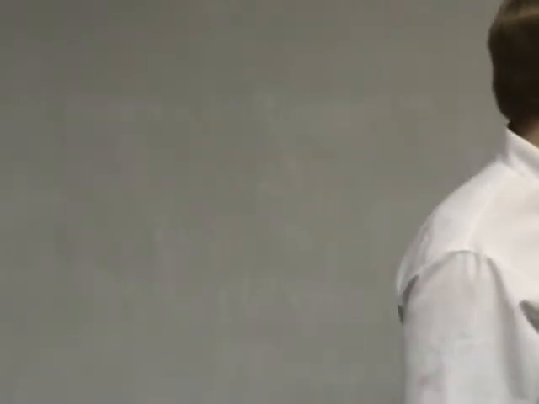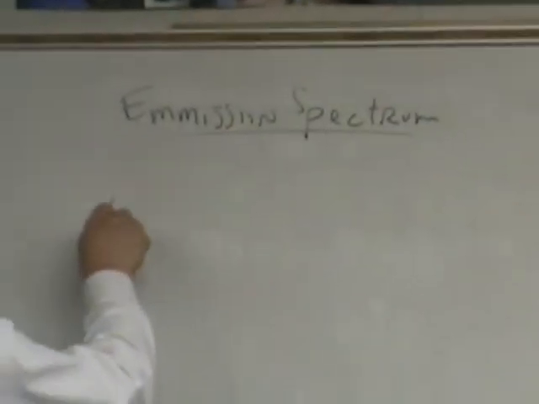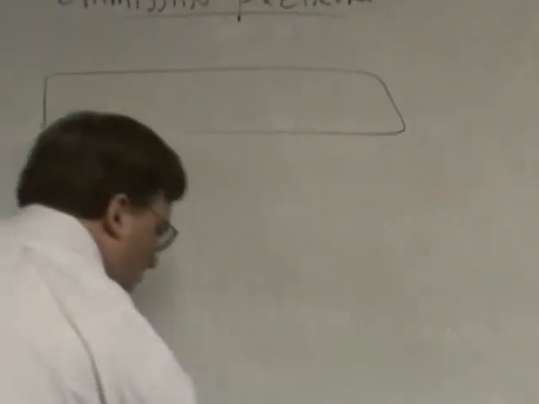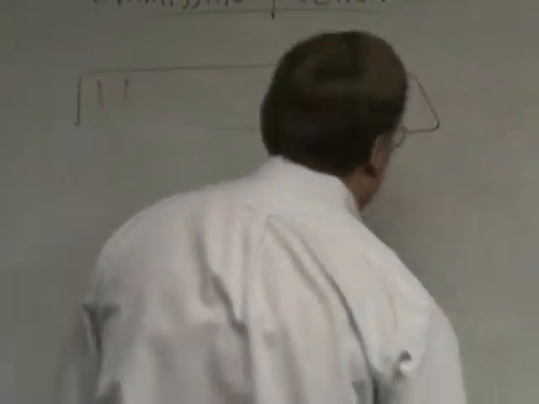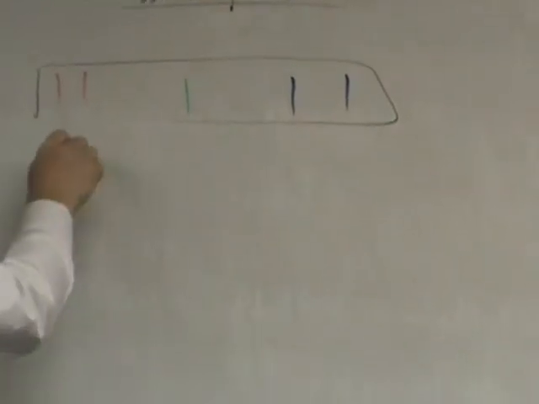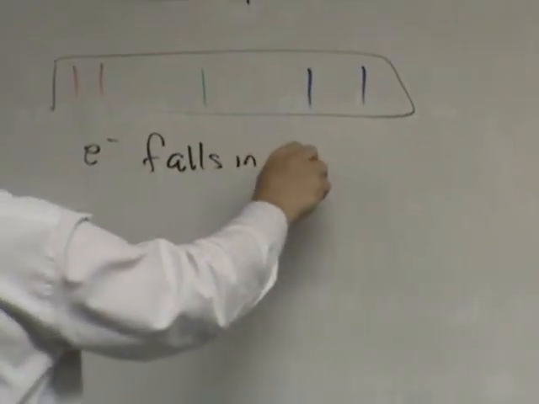When you fall in energy level, you give off a photon. And so that's the emission spectrum. And that's the one where you'll get this red and that red and this blue and that blue and maybe this green, that sort of thing. That's your emission spectrum. That's when the electron falls in energy level.